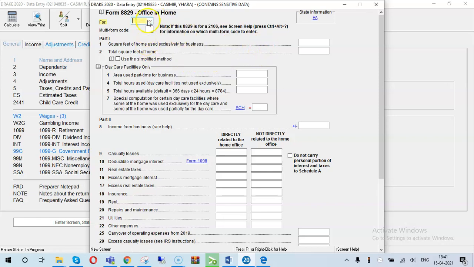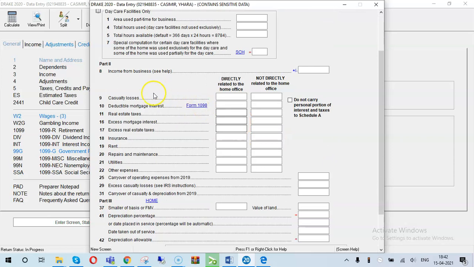You have to choose between those. Then part 1, what I have already told you: square feet of home used exclusively for business, total square feet of home. Now use the simplified method. Daycare facilities, area used, part of home used for business, total hours used, total hours available, special computation for certain daycare facilities.